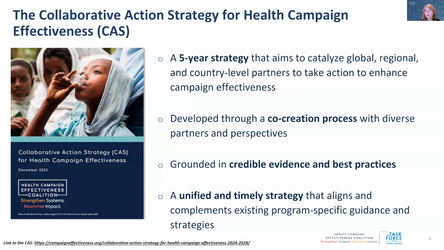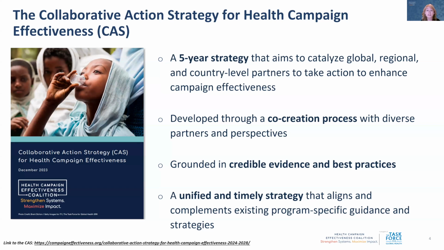So the strategy was co-developed in 2023 by more than 50 global, regional, and country-level experts that represented governments, organizations, funders, implementers from all over the major different campaign program domains, including vaccine preventable diseases, polio, NTDs, malaria, and nutrition. So we had quite a lot of people that worked to co-create this.